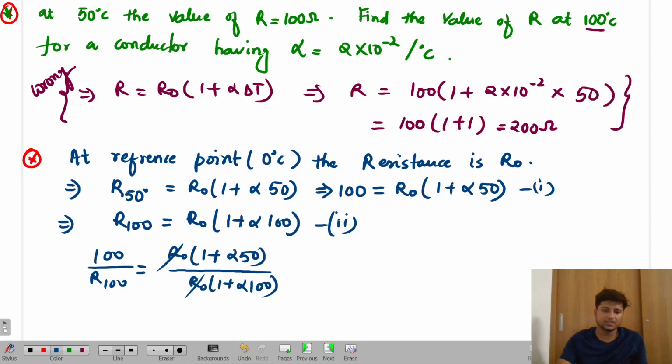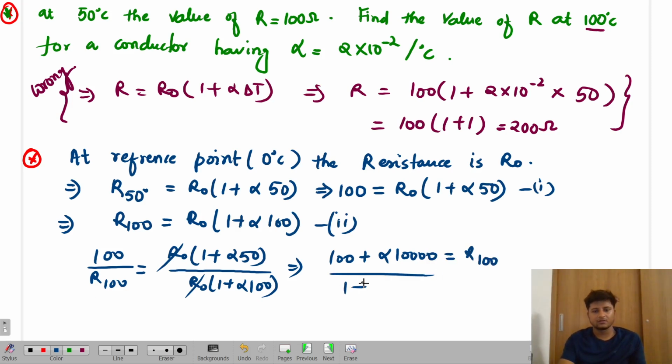R naught cancels. This implies I'll get the equation. Multiply this. 100 times (1 plus alpha into 100) is equal to R100 times (1 plus alpha into 50), where alpha is 2 into 10 to the power of minus 2. Are you able to get me or not? Is that clear?